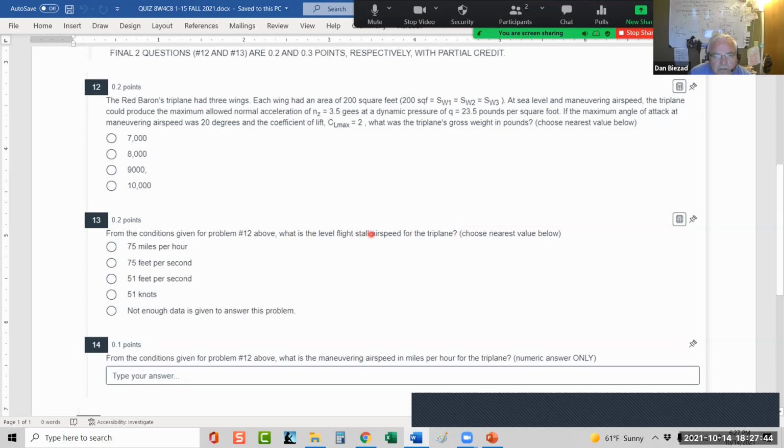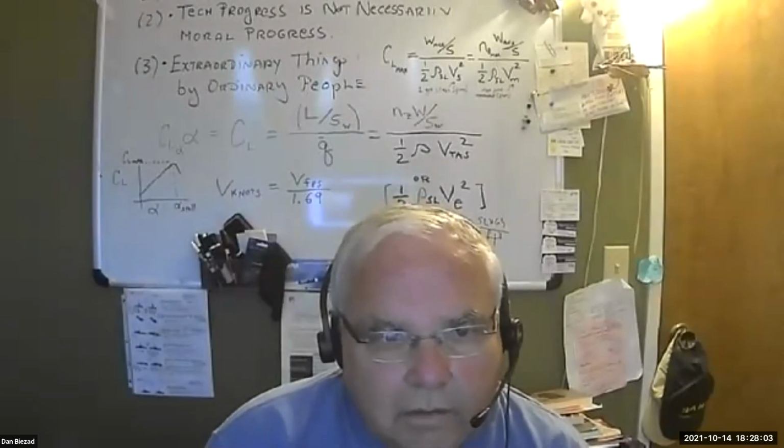Okay. So now what did you do? What I have here is 2 on the left for the coefficient of lift equals 1. Let me try to write it out, because just saying it is kind of confusing.